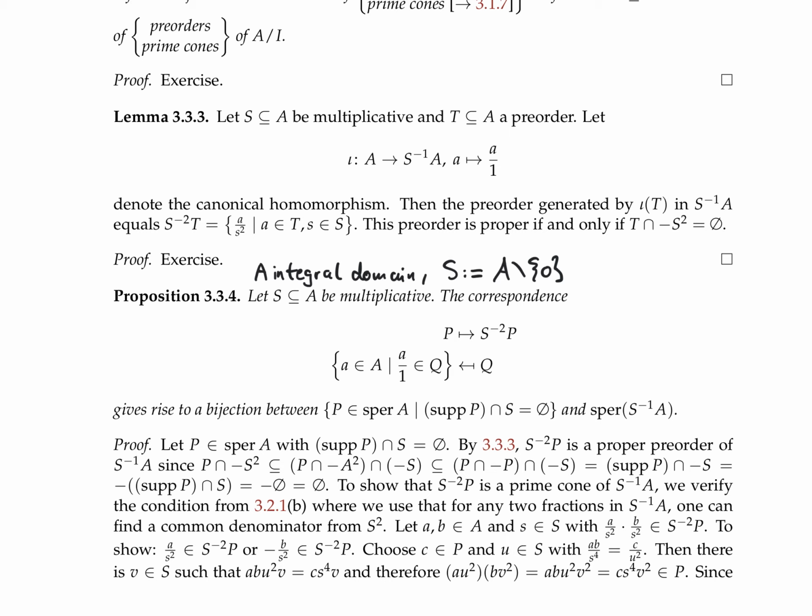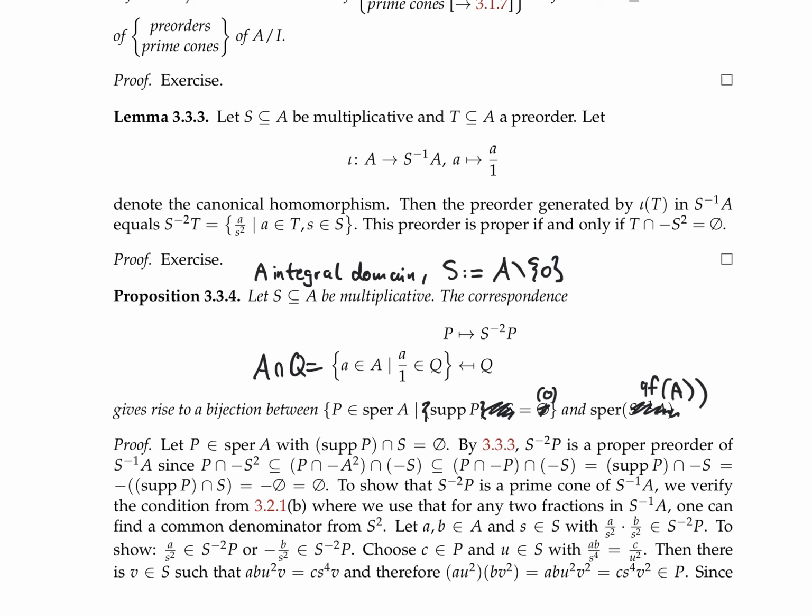So what does that mean? That means that the support of P consists just of 0, right? Because its intersection with A without 0 is empty. Okay. And this is actually just a quotient field of A. S^-1 A is a quotient field of A, right? And this is just A intersected with Q here, right?